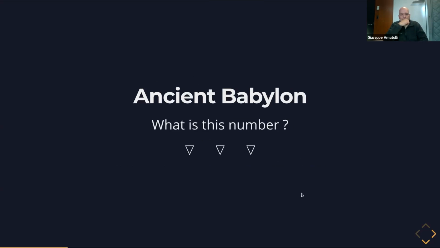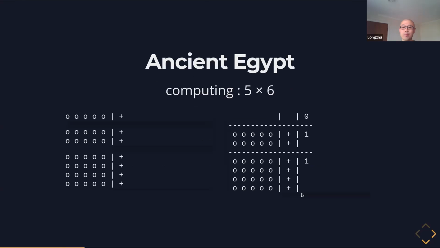Not only the Babylonians, Egypt also computed arithmetic in a different way. For example, here, if they calculate 5 times 6, what they do is put some beans here. I'm using this circle to represent one kind of bean, and the plus sign to represent another kind of bean.